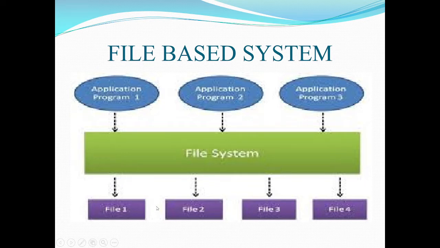To access the data residing in these files, different application programs have been developed: application program 1, application program 2, application program 3. So this is the basic structure of a file-based system. The major focus here is that the data is stored in system files, and to access this data we use application programs.